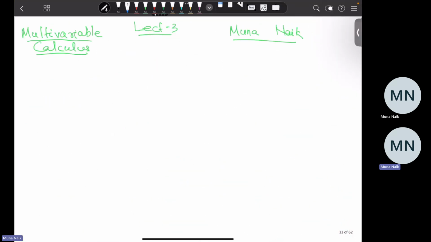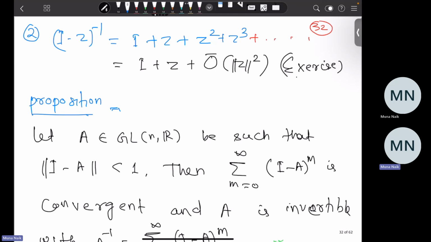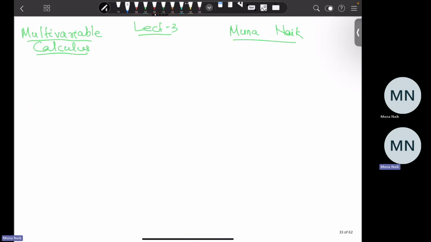In the previous lecture, I proved that two norms are equivalent. I have written the proof, but I told you to really think about the idea of the proof, which I am going to explain now.